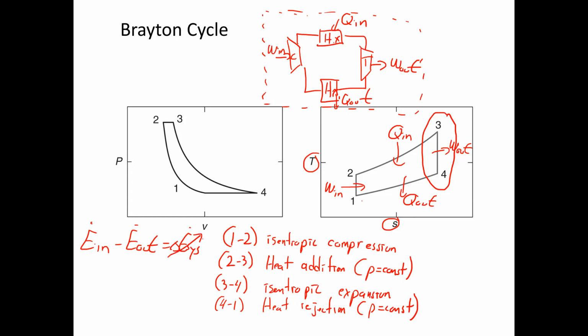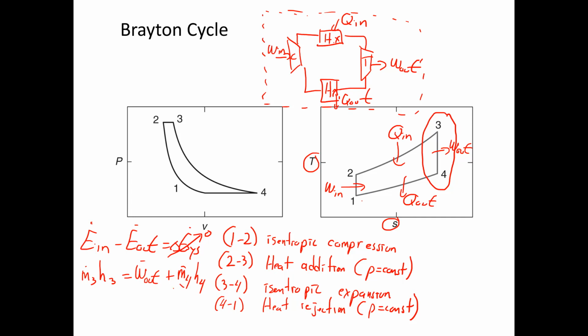The system is steady state, so there is no change in energy of the system. So you have energy in, which of course would be by mass: the mass flow rate at state 3 times the enthalpy at state 3 going in. That has to equal the energy out. When there's no change in energy of the system, E in equals E out. So E in would be by mass, and E out would be by work and also by mass.